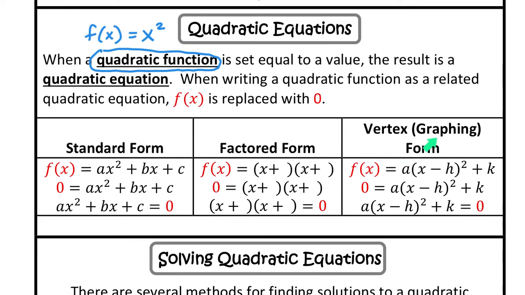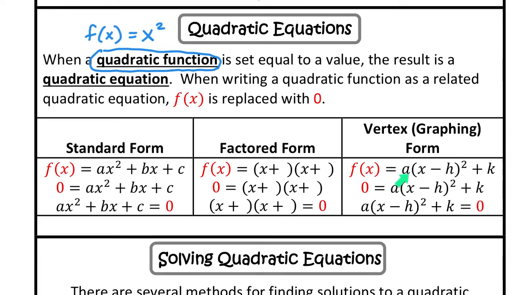And then the last form is vertex form. This is what we were using last class when we were graphing. Vertex form has a plus or minus inside the parentheses and a plus or minus outside the parentheses to tell you if we're moving horizontally or vertically. And there's a number in front that tells you about compression, expansion, or reflection.